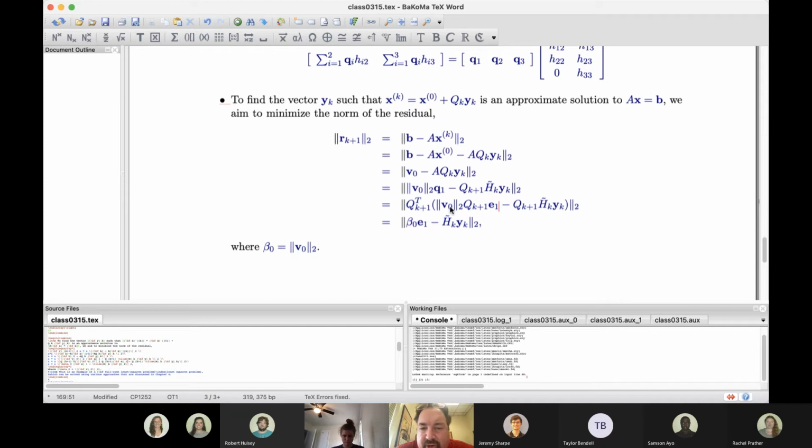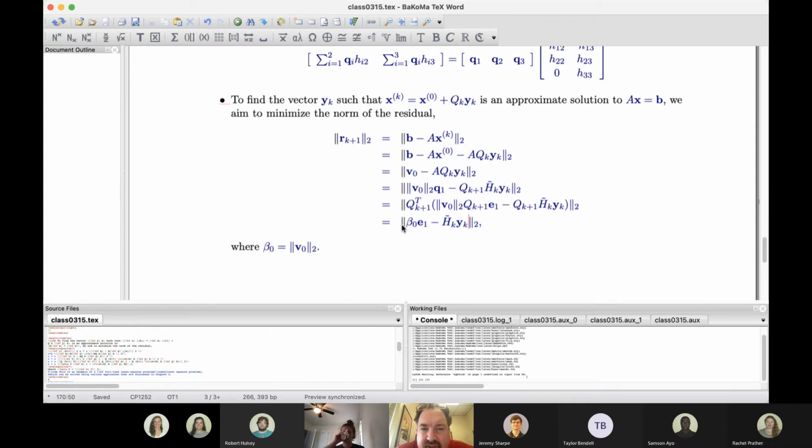Qk plus 1 has orthonormal columns. So Qk plus 1 transpose Qk plus 1 is identity. So these cancel. This and this also cancel. So this is what you're left with. And for convenience, I define beta naught to be the 2 norm of v naught.